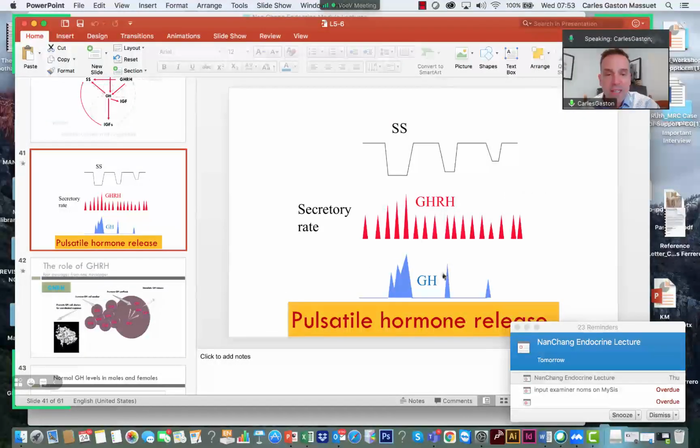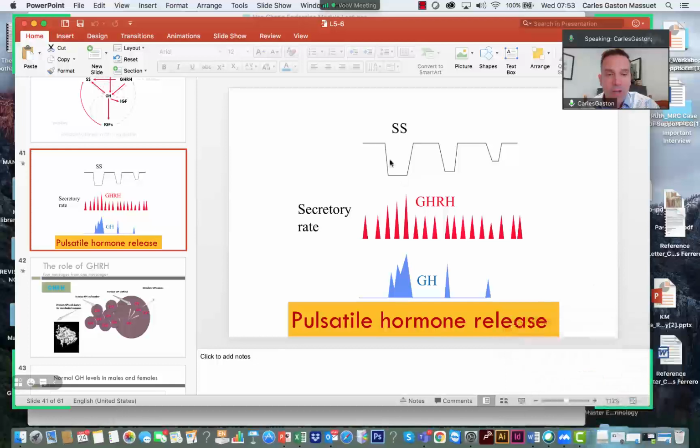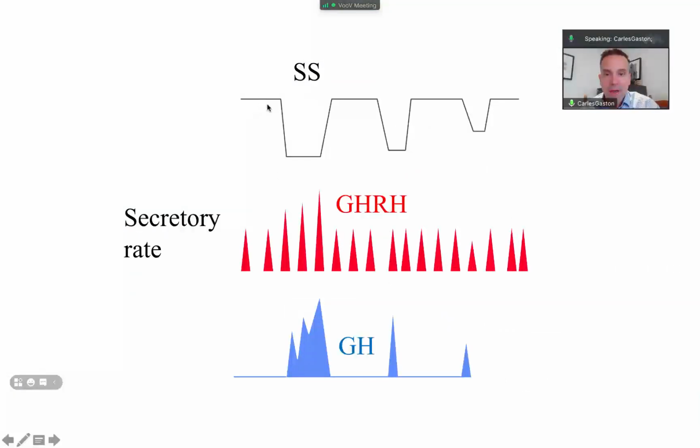And this is what you can see if you look at the secretion of somatostatin. You can see high peak, low peak. When there is a low peak of somatostatin, there is an increase of GHRH and a peak of growth hormone. Then there is another peak of somatostatin, and it is reciprocally inverse.